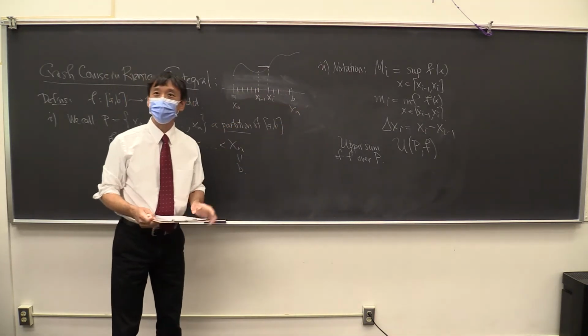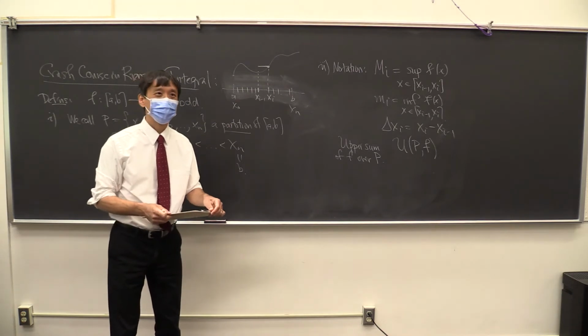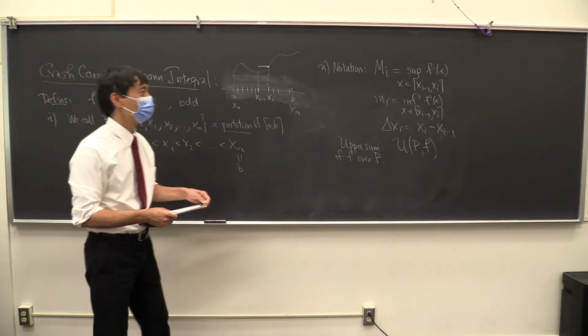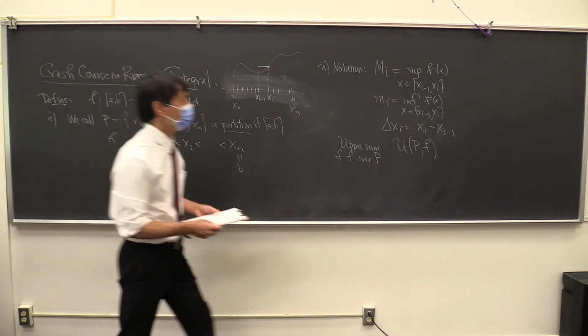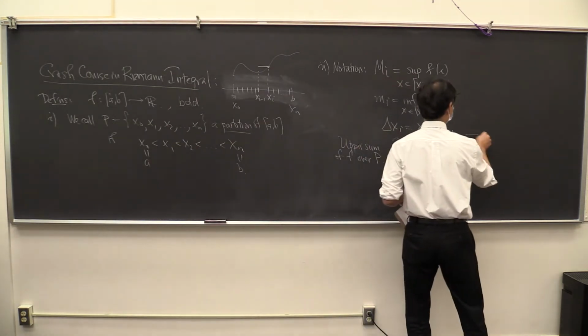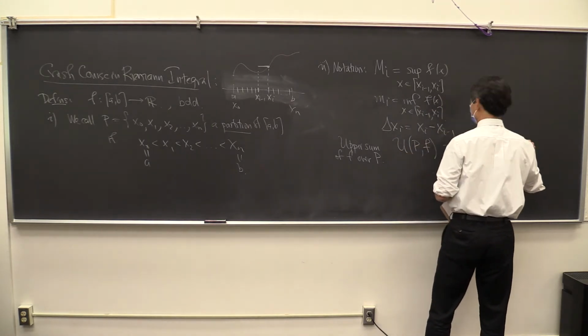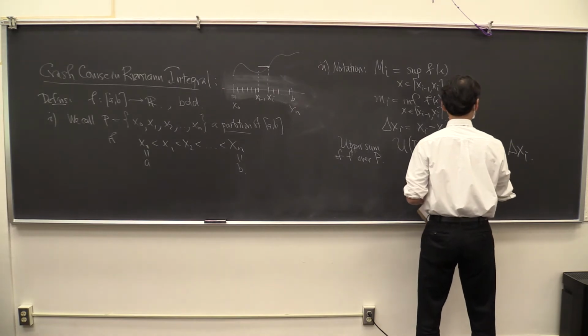What am I going to define the upper sum to be? Go ahead, Dylan. Like big M i times delta x i. Exactly. We're going to define this to be the sum of the M sub i times the delta x sub i, as i ranges from 1 to n.